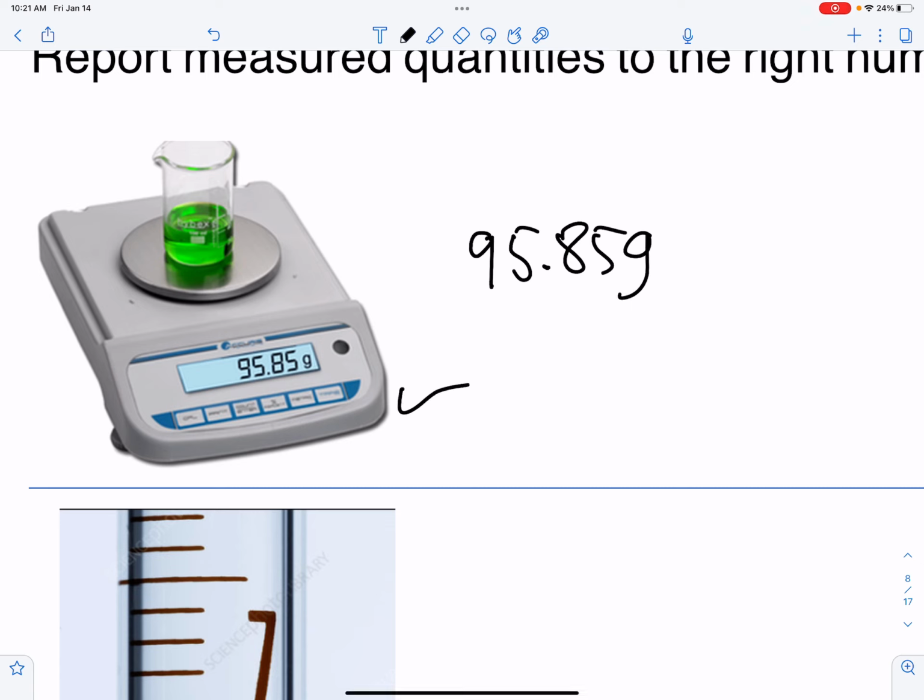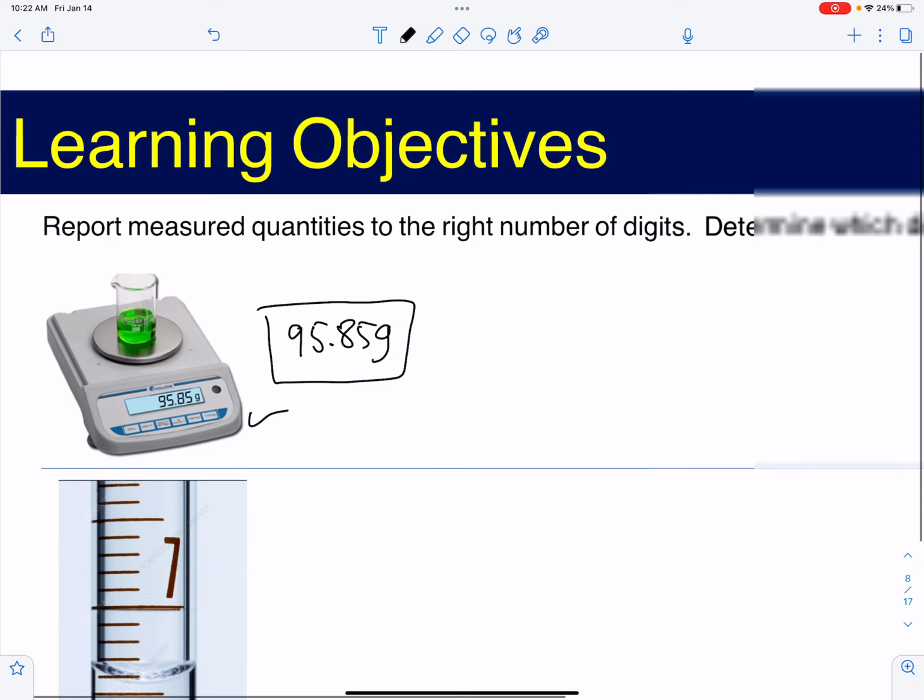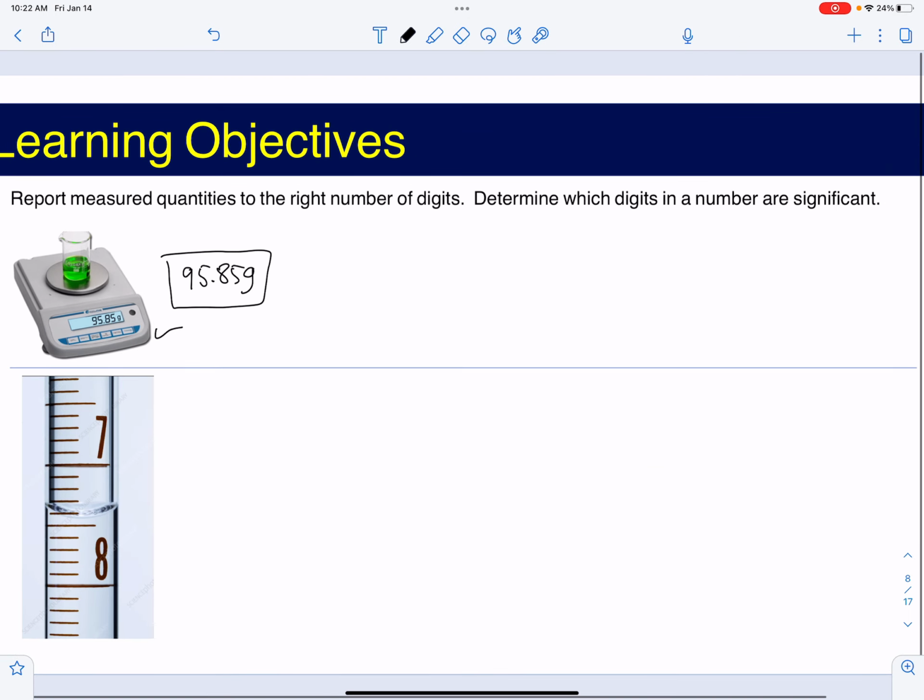So whenever you have a digital instrument, everything it gives you is significant. On a digital instrument, whatever the display gives you is a significant number, and it's reporting it to you directly. So that's an easy one. If it's on the screen, you report that number and everything is significant.